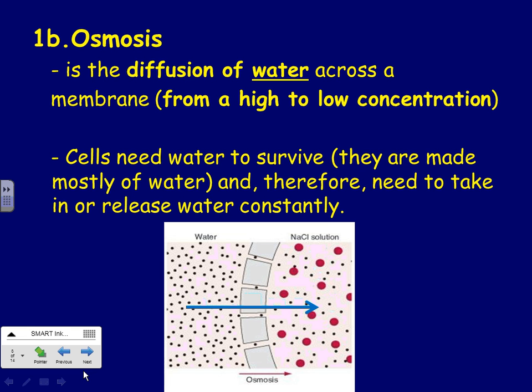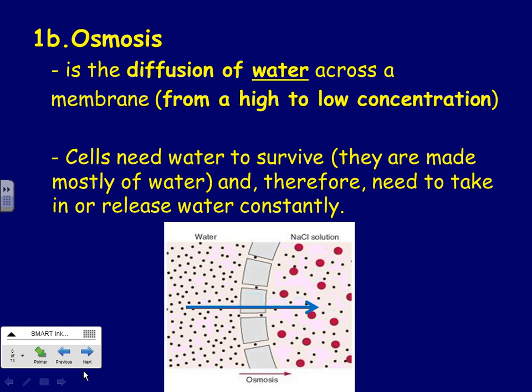And in this case, you'll notice I've got it flipped from this, because osmosis is the movement of water. So the water will actually go in to that scenario. So this is a movement of water. This is water movement.